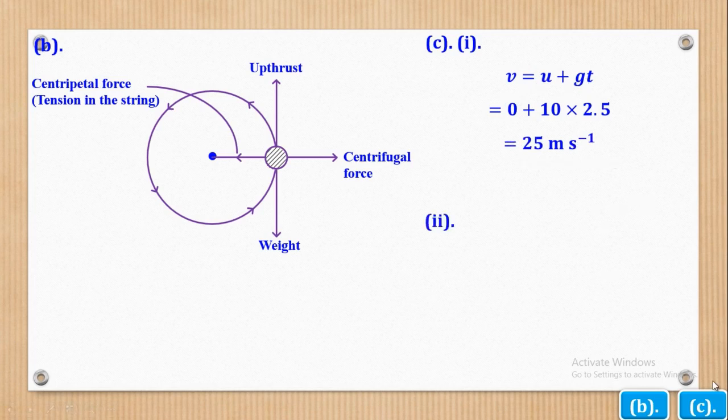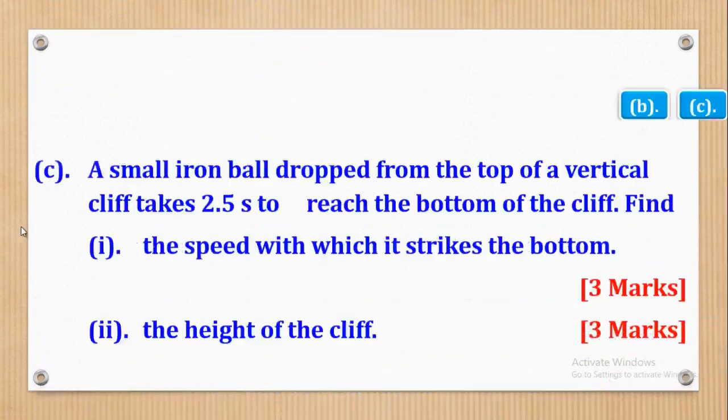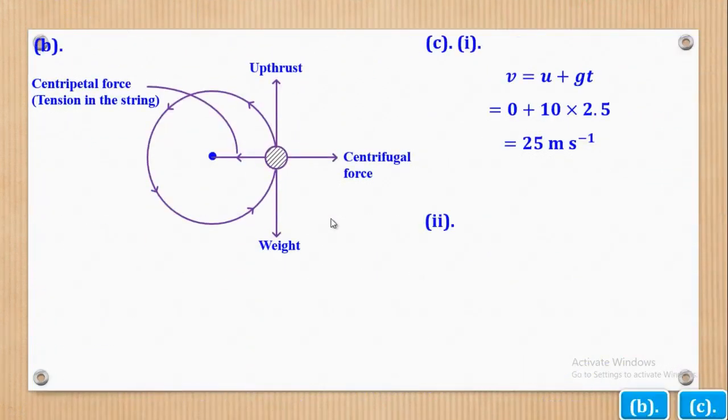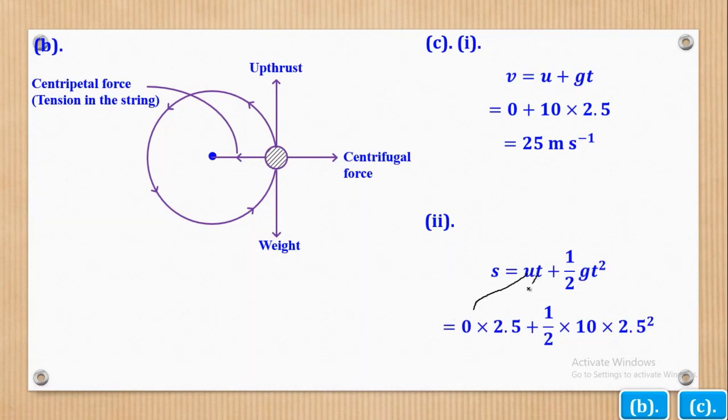Now we shall go to C, Roman 2. So in Roman 2, they want the height of the cliff. So using the second equation of motion under gravity, we shall substitute u as 0, t we have got as 2.5, g is 10, a known constant, and this is 2.5.